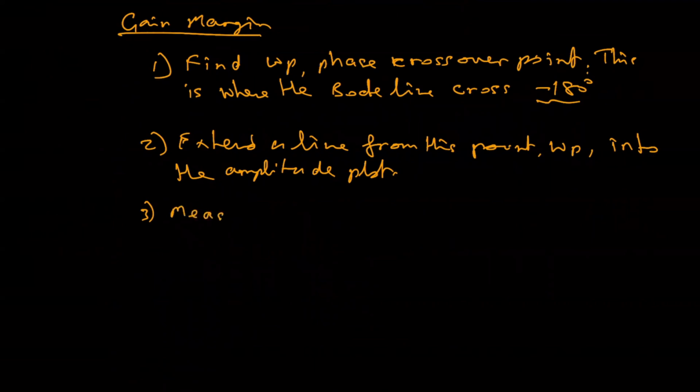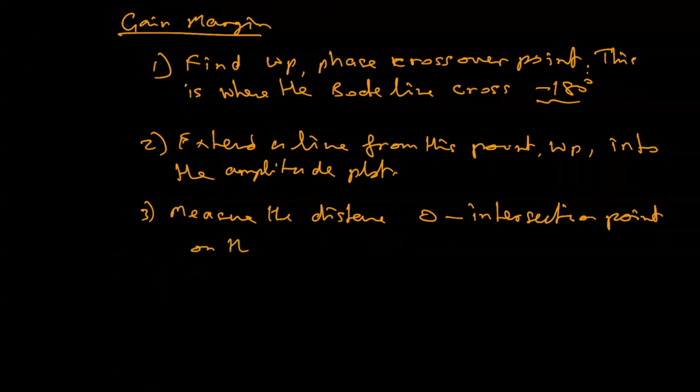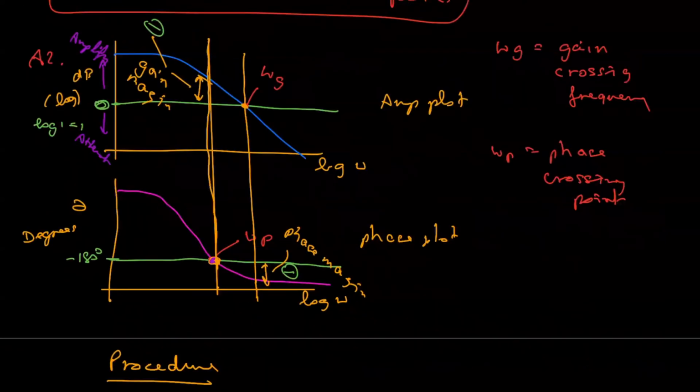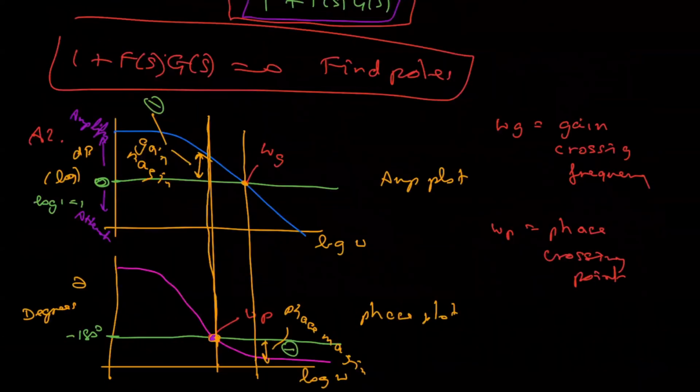Measure the distance: 0 minus the intersection point on the amplitude plot. This is an odd one, but if you do it this way, you'll get the right sign. So for example, it says 0 minus the intersection point.